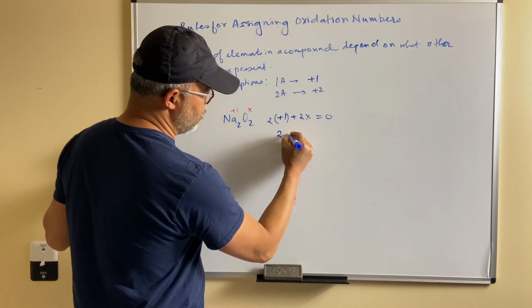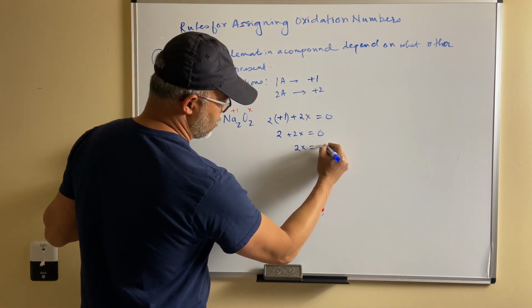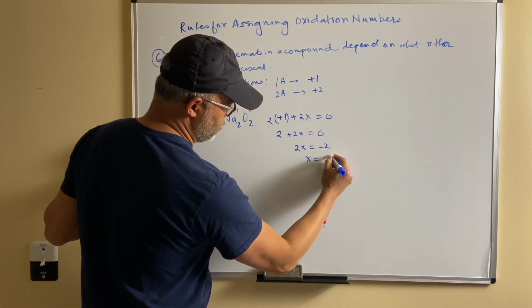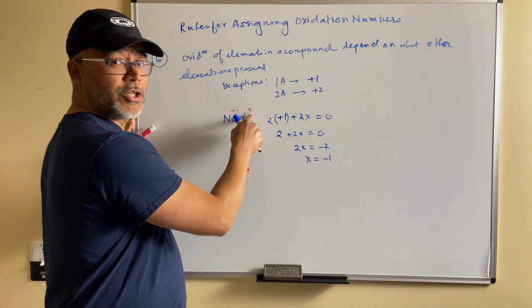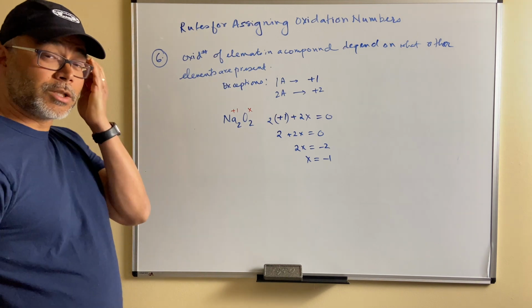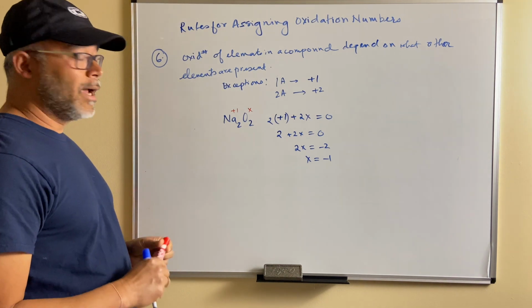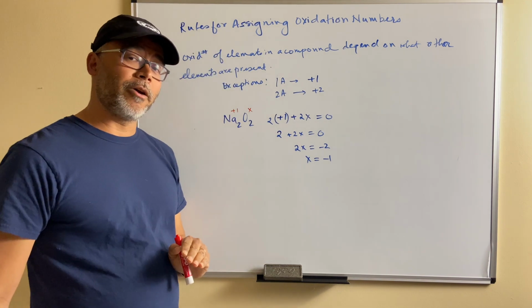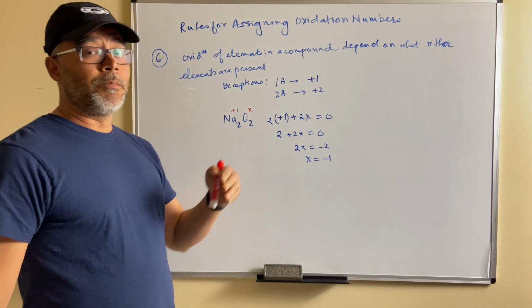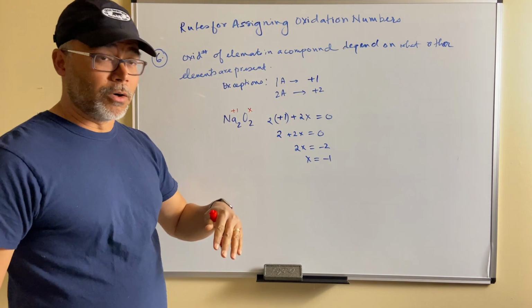So that gives me 2 plus 2X is equal to 0, or 2X is equal to -2, or X is equal to -1. Look at that. So that oxygen actually has a -1 oxidation state, not -2 as the table predicted, okay? And so those rules that I wrote down, the rules themselves are in priority, not just the ones at the table, but whatever's above actually takes priority over what's below, okay?